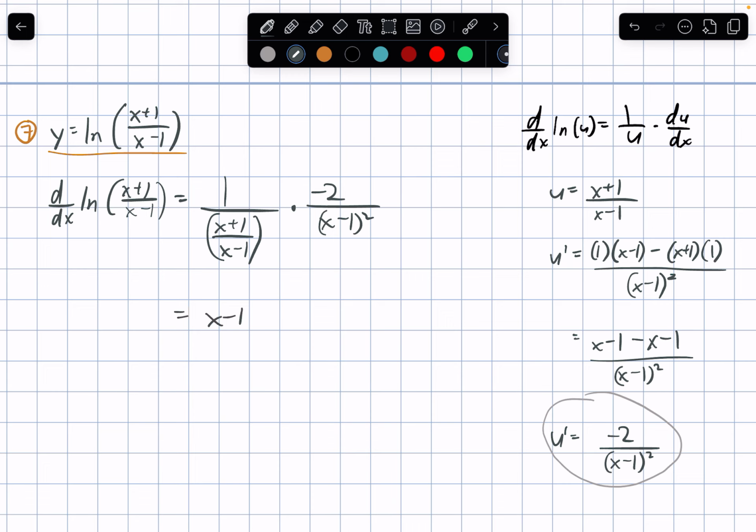So this is going to be x minus 1 over x plus 1. Okay. Cancel, cancel. Negative 2 over x plus 1 times x minus 1.